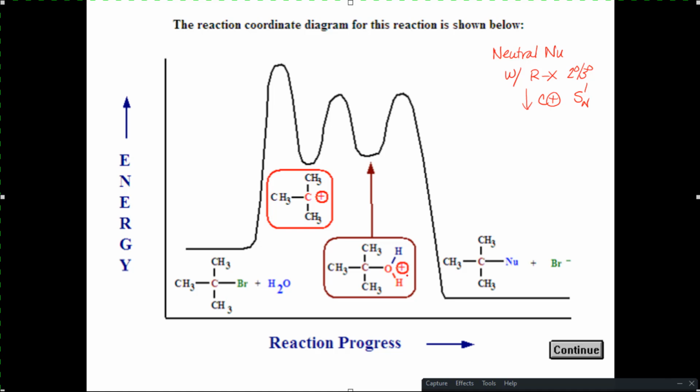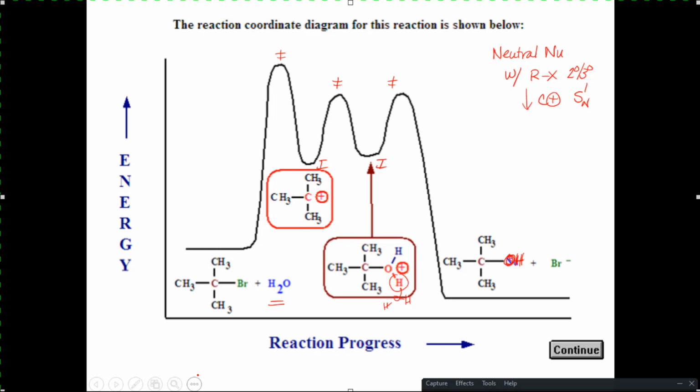Then you lose the H+, the water comes in and grabs the H+, so that the final product is this alcohol. So in an SN1 reaction with a neutral nucleophile, we have three transition states and two intermediates, whereas before, with a negatively charged nucleophile, we had just two transition states and a single intermediate.